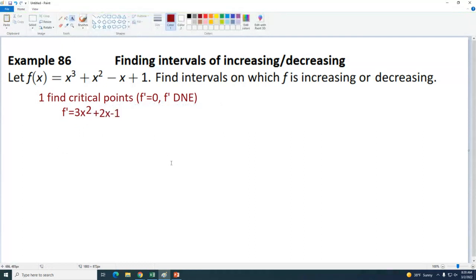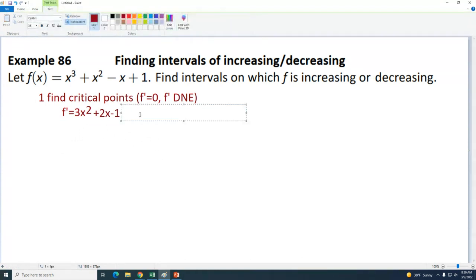So that's the derivative, and we apply the power rule. The power rule says if you have a power function, the derivative is: the power goes to the front and the power becomes minus 1. So for x cubed, move the 3 to the front, and then power 3 minus 1, so that's 3x squared. For x squared, the power 2 moves to the front, and then power minus 1, so that's 2x. And for negative x, you move the power to the front, negative 1, and then the power 1 minus 1 is 0, so power 0, and that makes it a number.